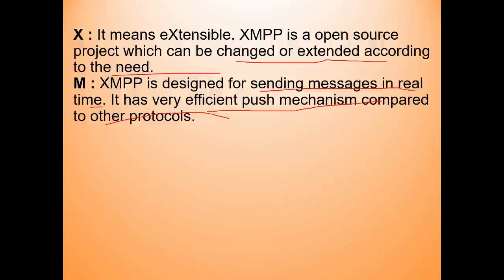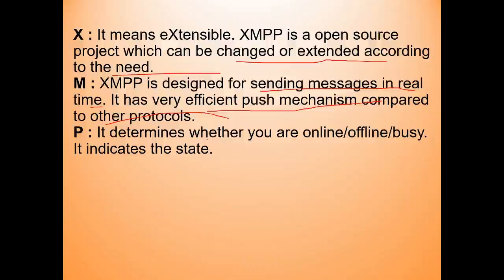For sending instant messages, this extensible protocol is very good. It determines whether you are online or offline or busy, indicating your state. That is why you can see your status, online or offline, on WhatsApp and similar apps, because of this protocol.